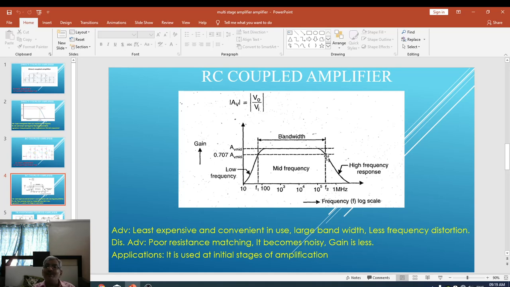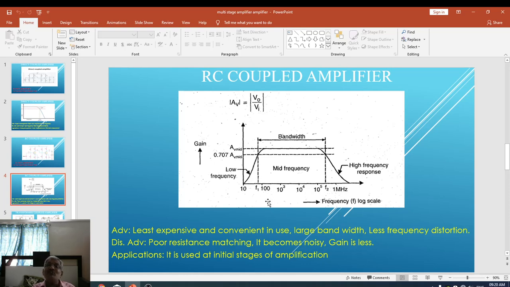Again draw a perpendicular from the second point of intersection onto the frequency axis; it is known as f2. Friends, f1 is the frequency in the low frequency region, whereas f2 is the frequency in the high frequency region. The frequency f2 is known as the upper cutoff frequency, upper 3 decibel frequency or upper half power point frequency, whereas f1 is the lower cutoff frequency, lower 3 decibel frequency or lower half power point frequency.